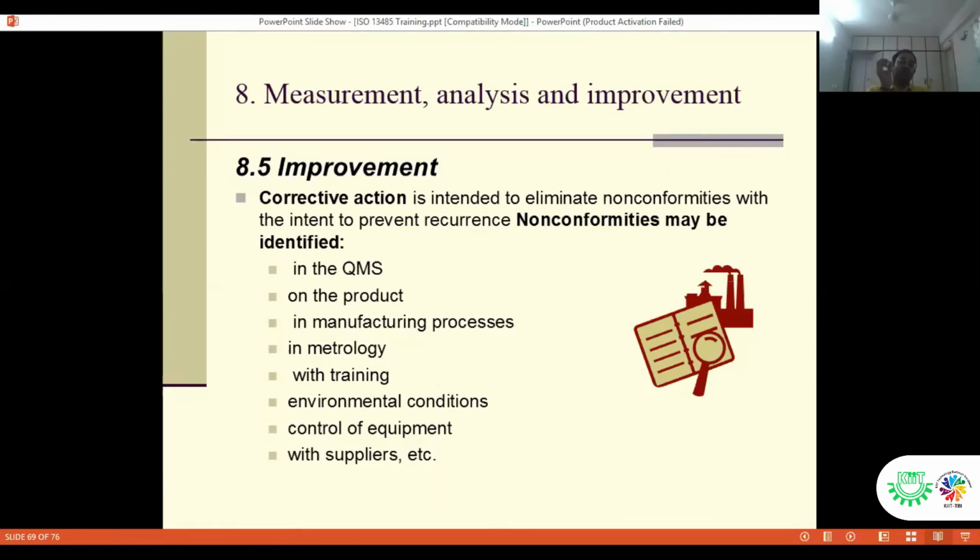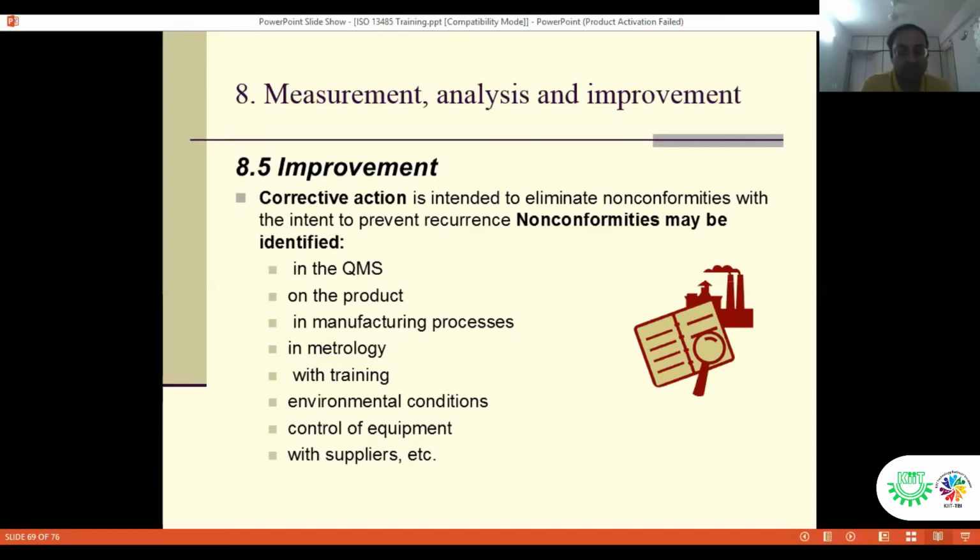For the CAPA, one of the major requirements is to have a root cause analysis of the problem you have received. There are different ways of doing the root cause analysis, either with fishbone analysis or the why-why analysis. Mostly there are two prominent methods which companies use, either the fishbone method or the why-why analysis method.